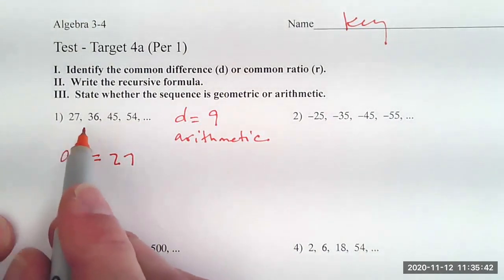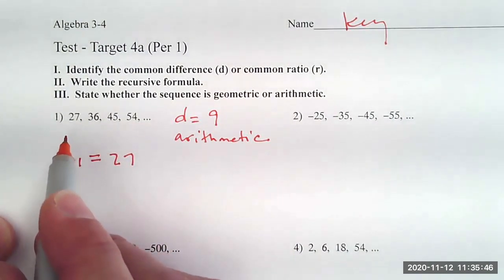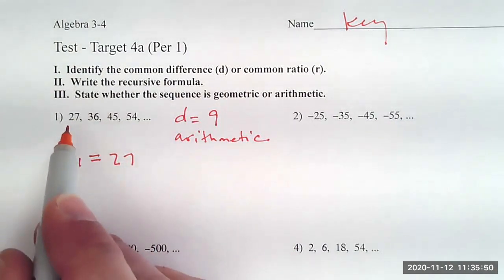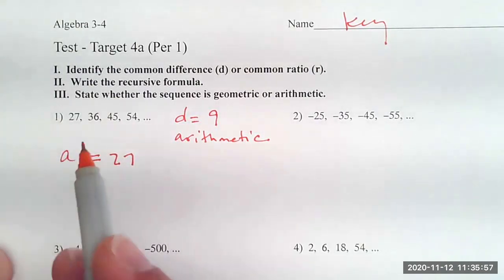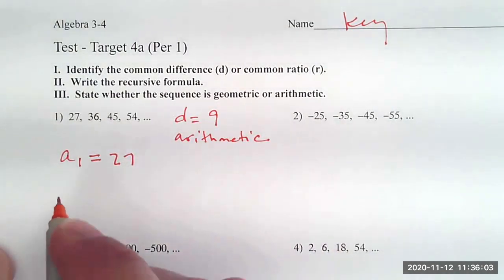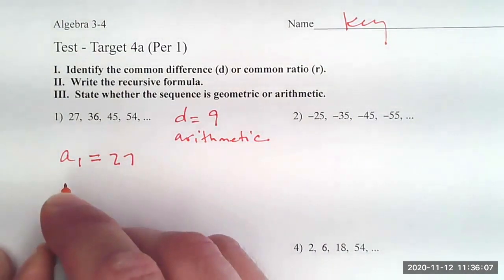But in terms of just sequences, we don't really talk about y-intercepts. It's just a sequence, it's not graphed. And we don't know if that's the actual y-intercept or not. It's just the first term in the sequence. So it's sufficient just to say A sub 1 versus define it any other way. So the first term is 27.